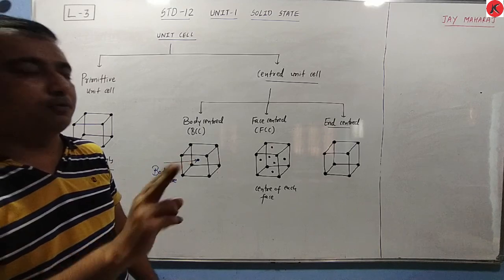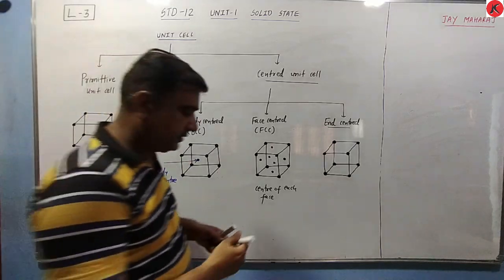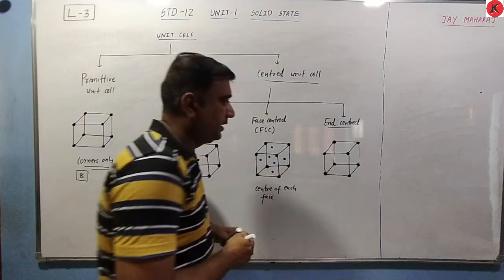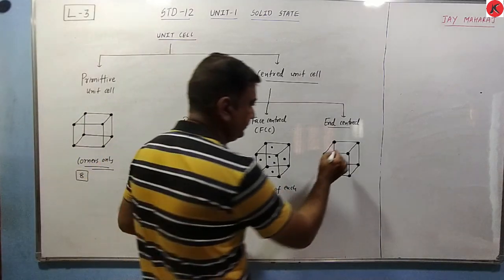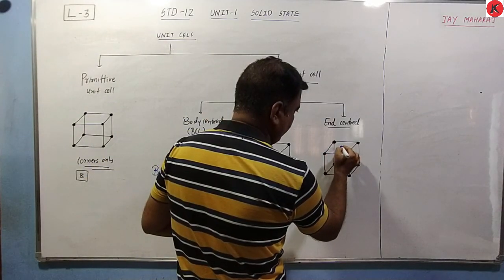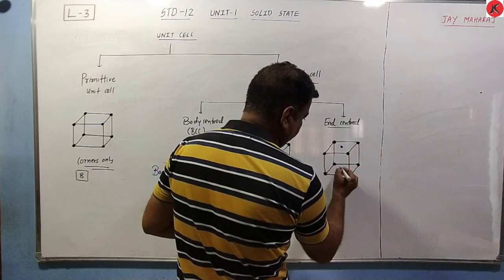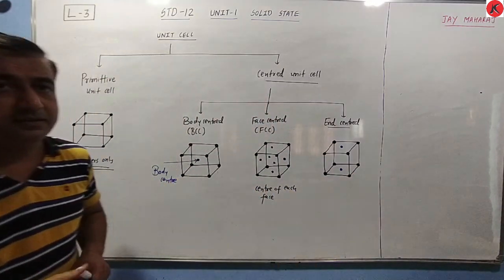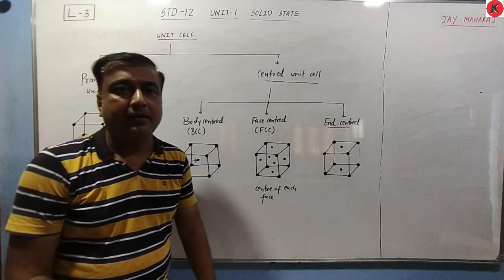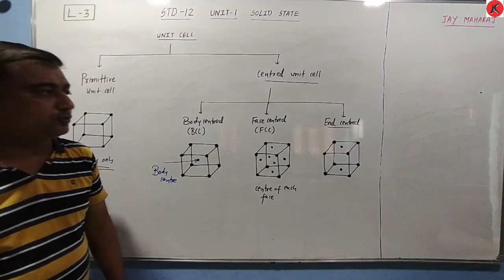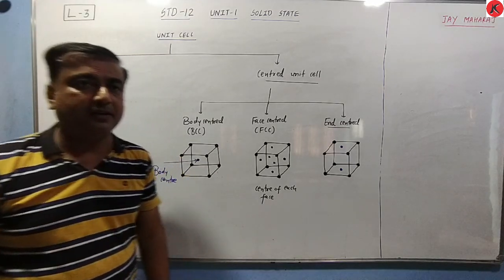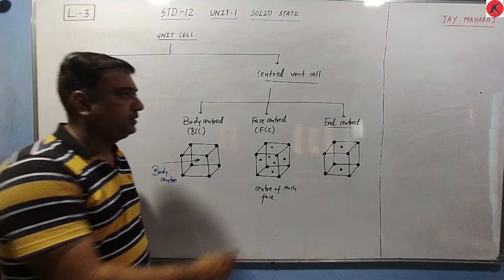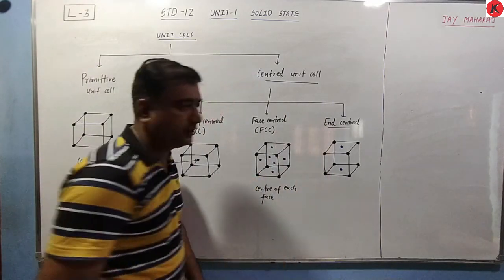Here we select the top face and bottom face. That means 8 plus 2, additional 2 constituent particles. This is known as the end centered unit cell.